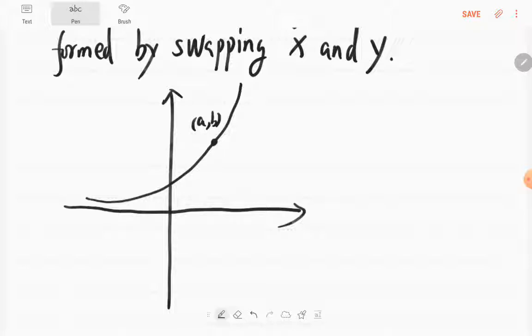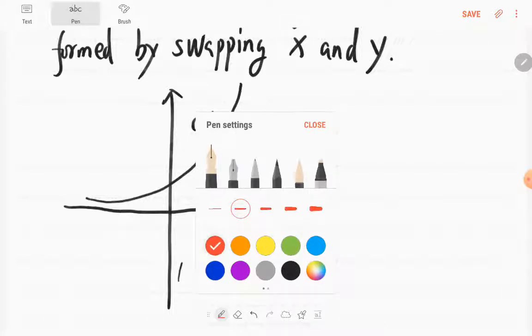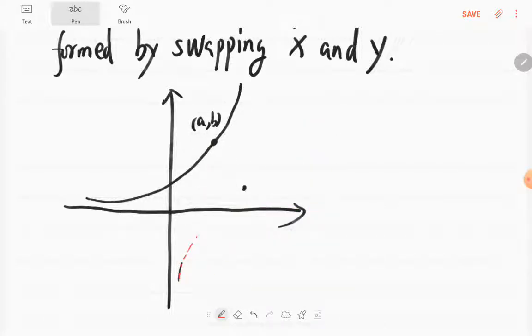Then for each point, if this is (C, D), then this would be (D, C). So you get another curve, which is the curve of its inverse.